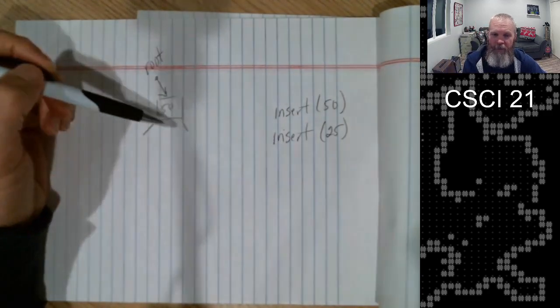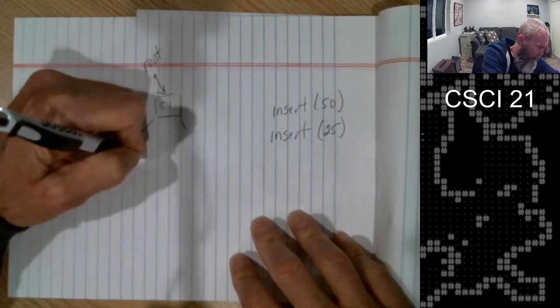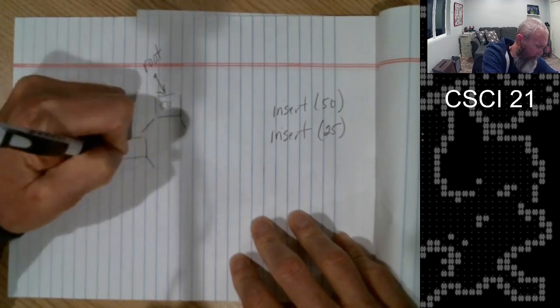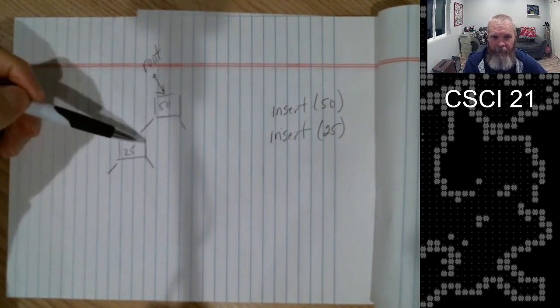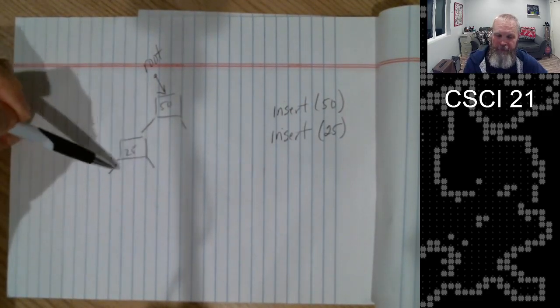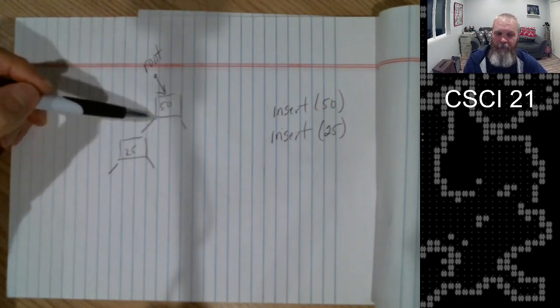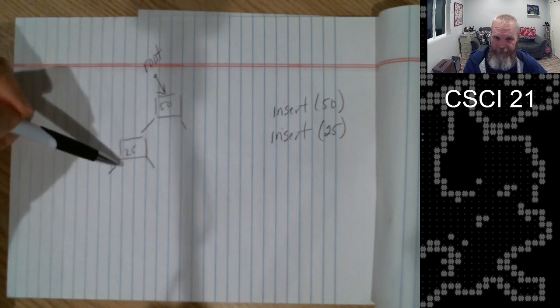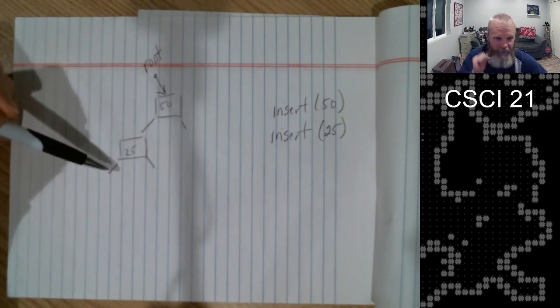So since this is 25, we're going to go left. There's a space there, so we can attach the 25 right there. So the root remains the same. The newly inserted data now becomes a leaf, no children. The root's no longer a leaf because it has a child now. So it's going to look funny in a second, but it's like magic once you learn how to code it.